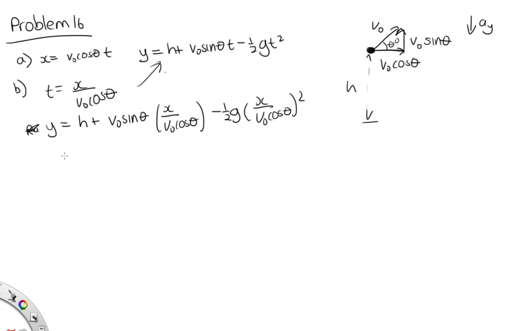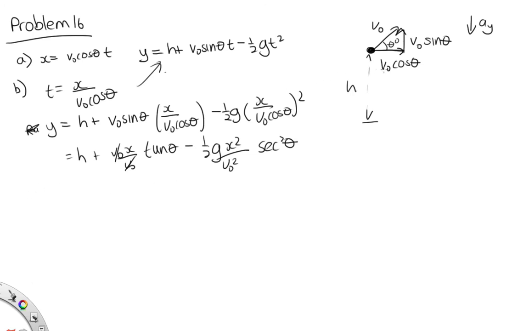So rearranging this, we've got h plus v naught x over v naught, these v naughts will cancel, and sine theta on cos theta is tan theta, minus a half g x squared over v naught squared cos squared theta, so we can write that as sec squared theta.